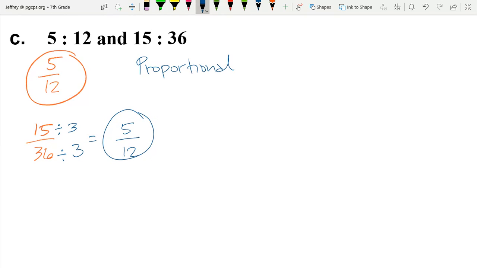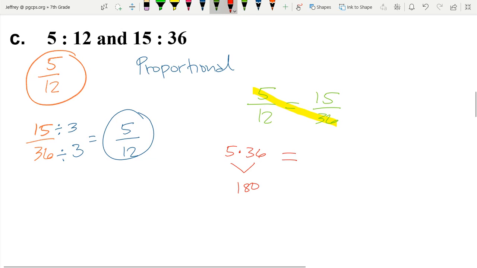Okay? Now, what if we use the cross product? Would that work? Absolutely. So we got 5 over 12 is equal to 15 over 36. So let's multiply 5 times 36. That would give us what? 180. Would that equal the other side, which is 12 times 15?